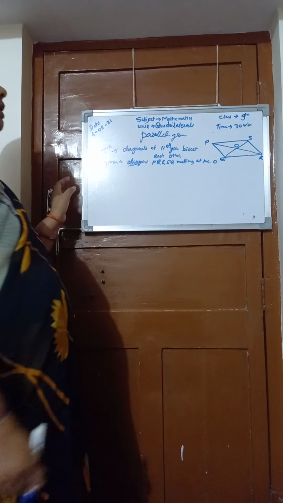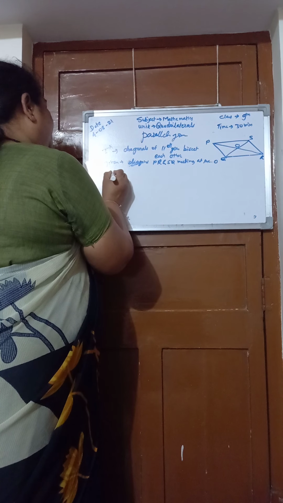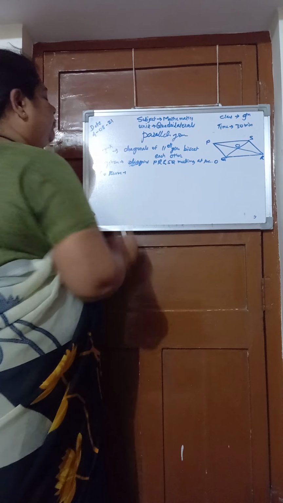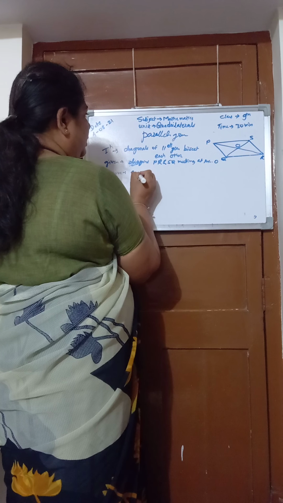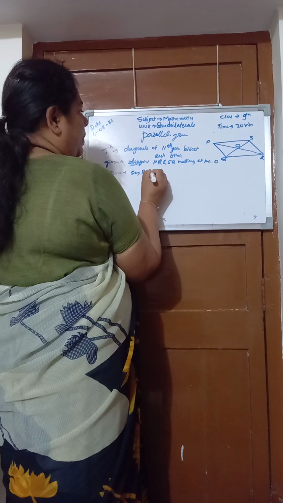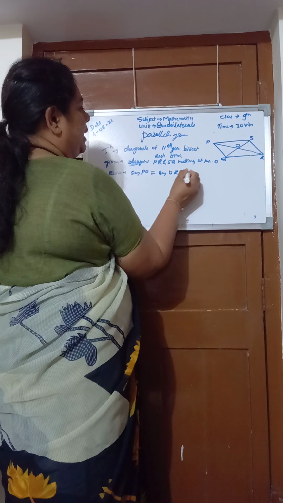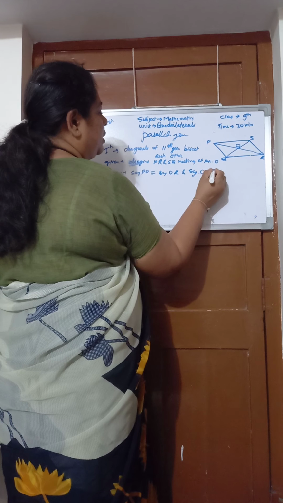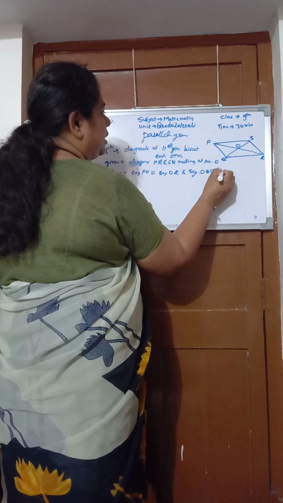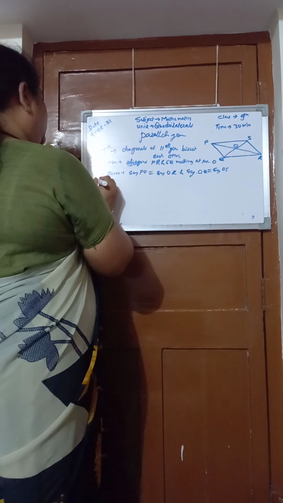This is given. And what we have to prove? We have to prove segment PO equal to segment OR and segment OQ equal to segment OS. Okay, we have to prove this. Right here, proof.